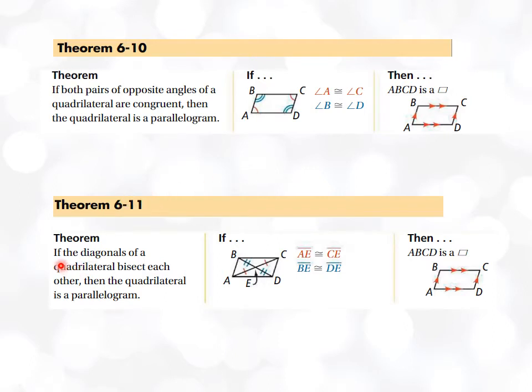It states that if the diagonals of a quadrilateral bisect each other, then the quadrilateral is a parallelogram. That means in this figure, see AE congruent to CE, and BE congruent to DE. Then we can say ABCD is a parallelogram.